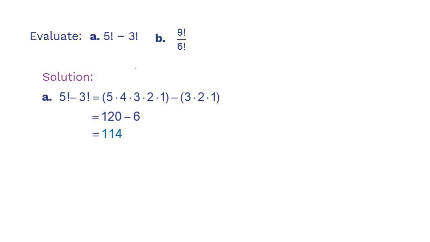So it would look something like this. So 5 factorial is 5 times 4 times 3 times 2 times 1 minus 3 factorial is 3 times 2 times 1. So if we multiply 5 times 4 times 3 times 2 times 1, we get 120. And 3 times 2 times 1 would give us 6. So if we subtract, we get 114.